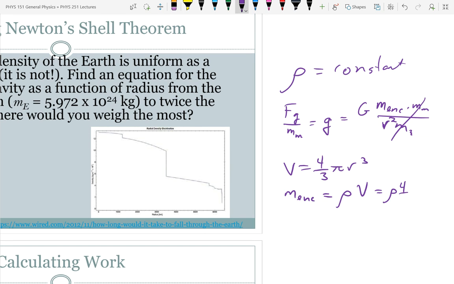times 4/3 pi r cubed. Well, if the density is constant, the density is going to be the mass of the Earth divided by 4/3 pi times the radius of the Earth cubed. I know that's horrible handwriting. So I'm going to put that in here. It's going to be the mass of the Earth over 4/3 pi radius of the Earth cubed. So there's the density.